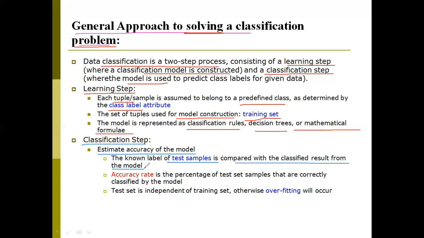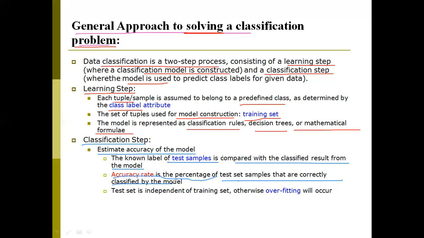That is the process here. The accuracy rate is the percentage of test set samples that are correctly classified by the model. How do we know the accuracy rate? It depends upon the test set samples: how many records we have to test on that particular model, and whether they are classified correctly or not.